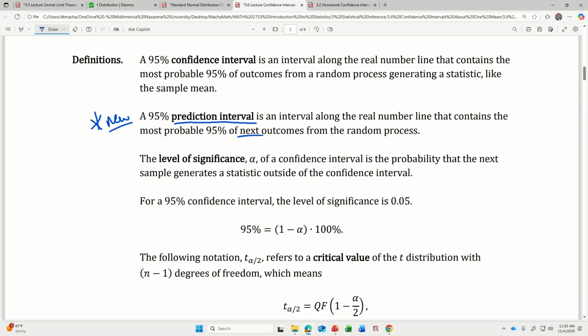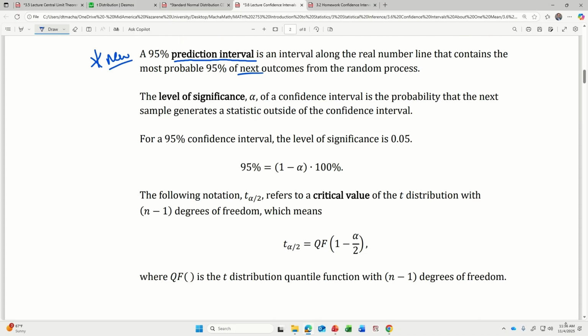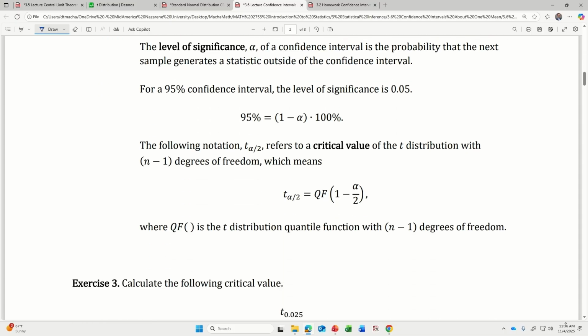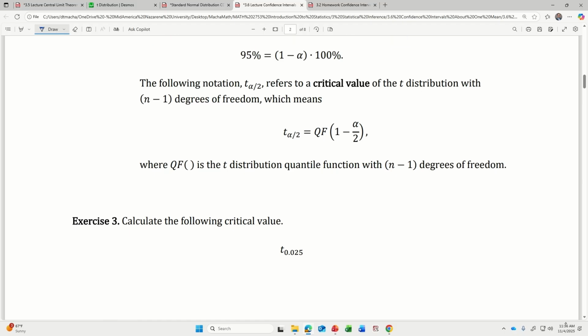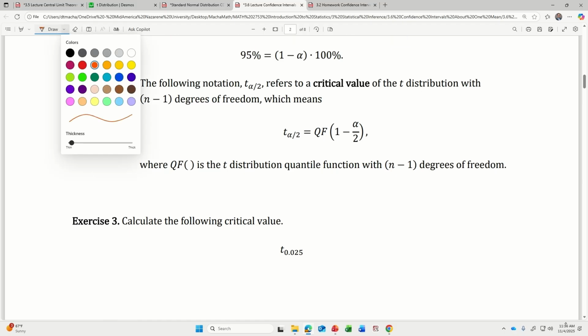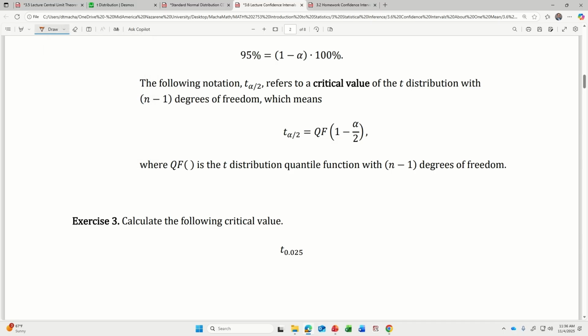The level of significance, you know what that is? If I have a 95% confidence interval, the level of significance is 0.05. Critical values. When we were talking about confidence intervals about a population fraction, my critical values were little lowercase z's.